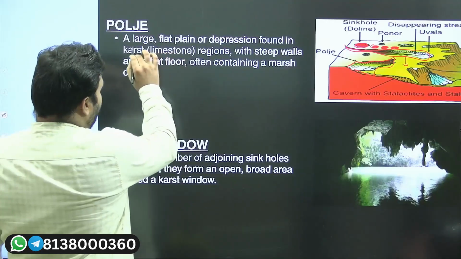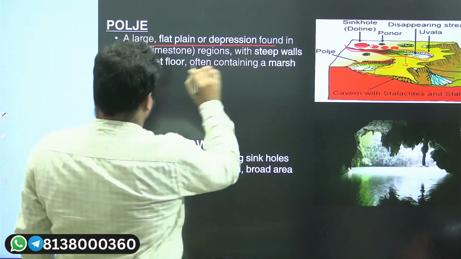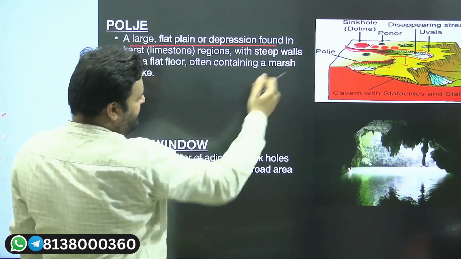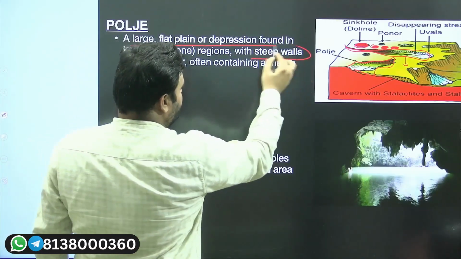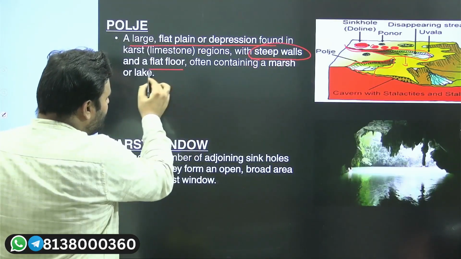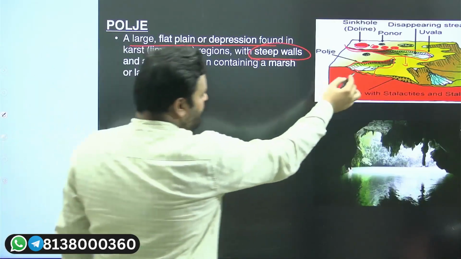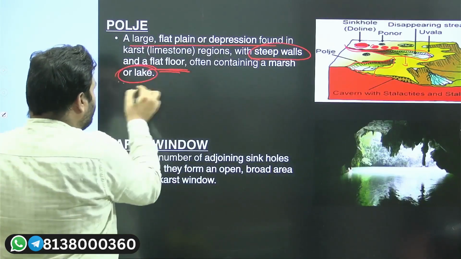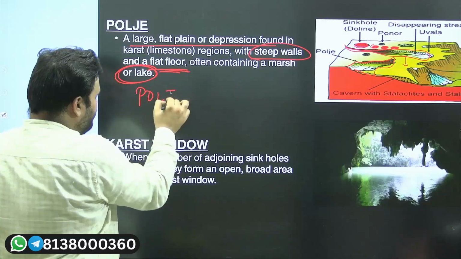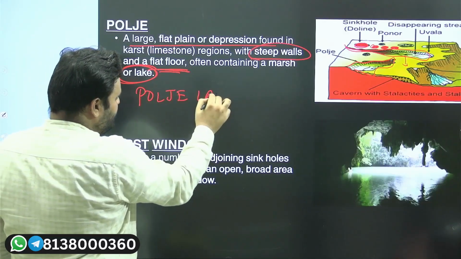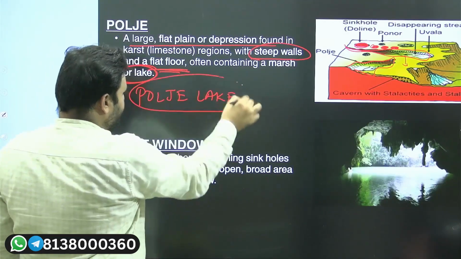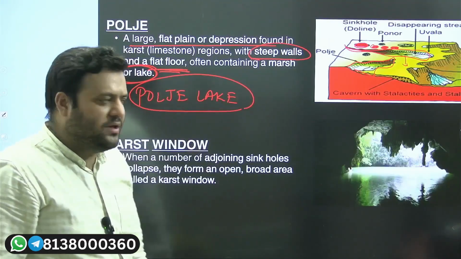A Polje is a large flat plain depression found in karst, or whenever we have a limestone region, and it has steeper walls and a flat floor. It acts like a lake. Polje lake it would be.